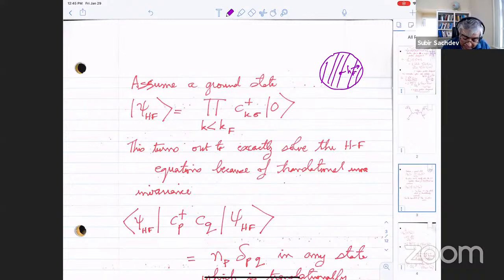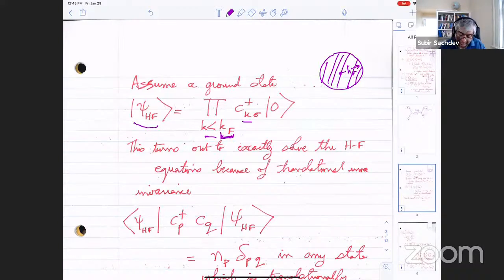So our first guess for the Hartree-Fock wave function is that you just fill up the free particle states inside the Fermi wave vector. And the value of kf is determined by the density. I presume you've seen this in 295A or your StatMech course, or that's something you can discuss in the section, the relationship between kf and the density of particles.